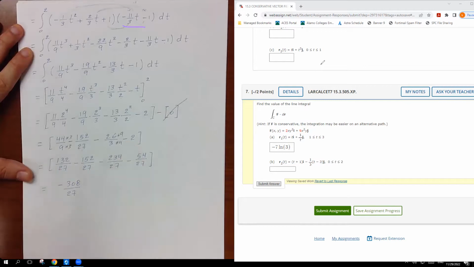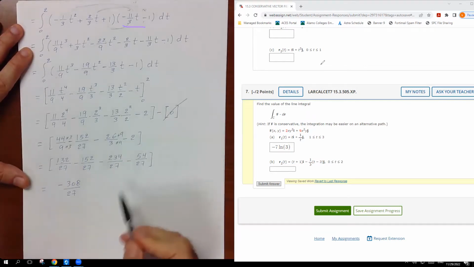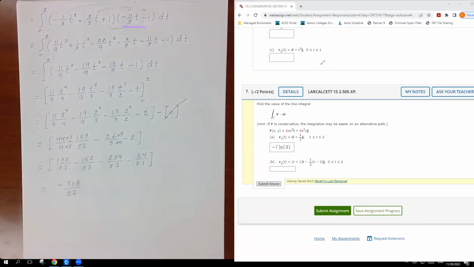Multiply 2 by 27 over 27. So we're going to get 54 over 27. Combine everything, it's going to be negative 308 divided by 27. So that's the result for the second part, which is negative 308 divided by 27.